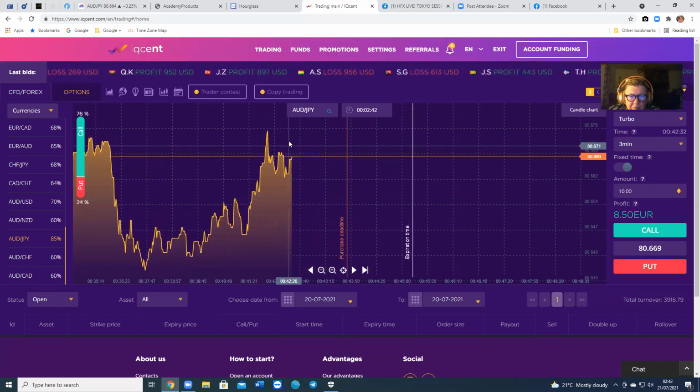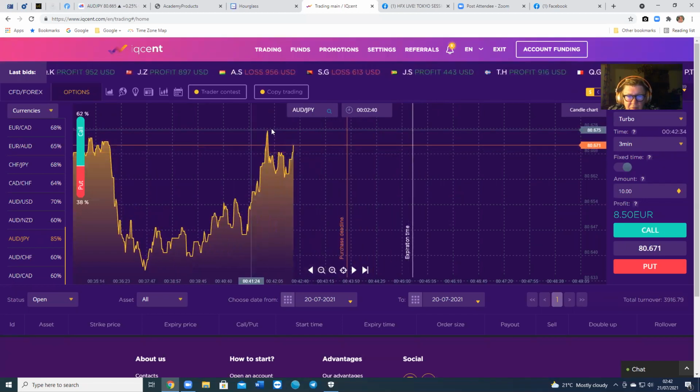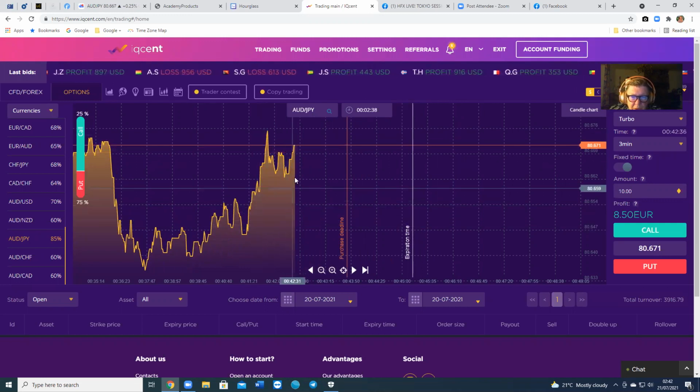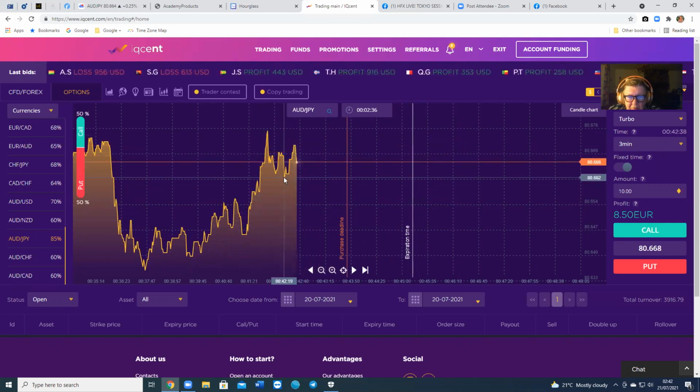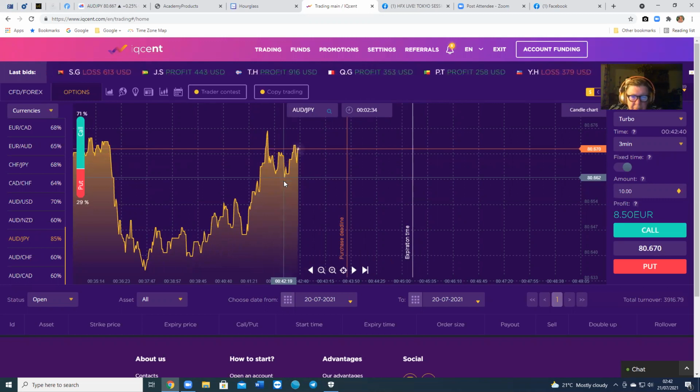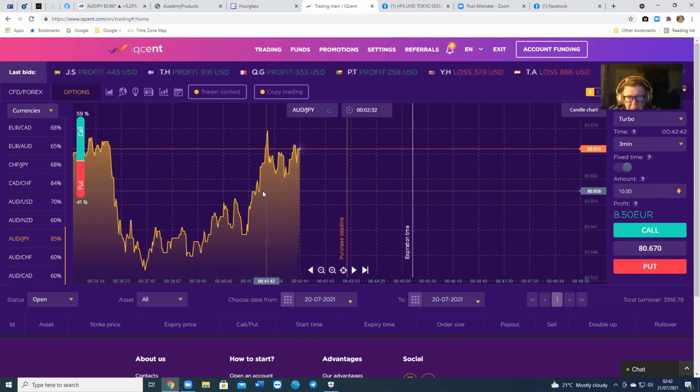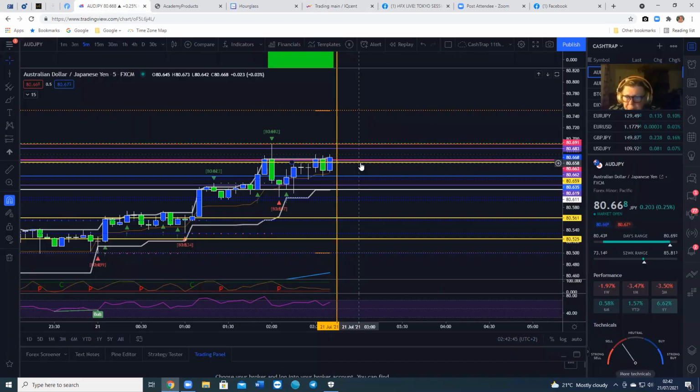So the price difference is a little bit less. 675 it's gone up to, so it's pushing up strongly now. There's 662. There's our 659 level. So we'd really like it back there, this level here, for a call.